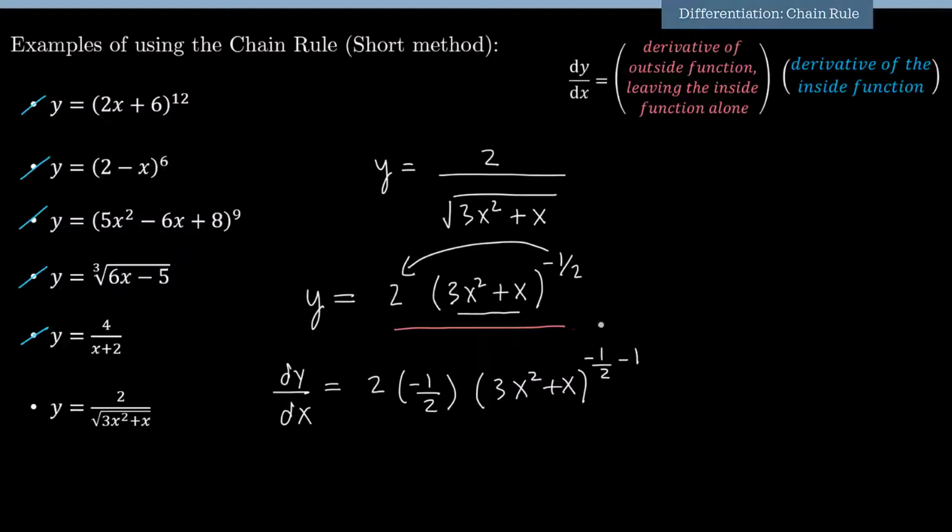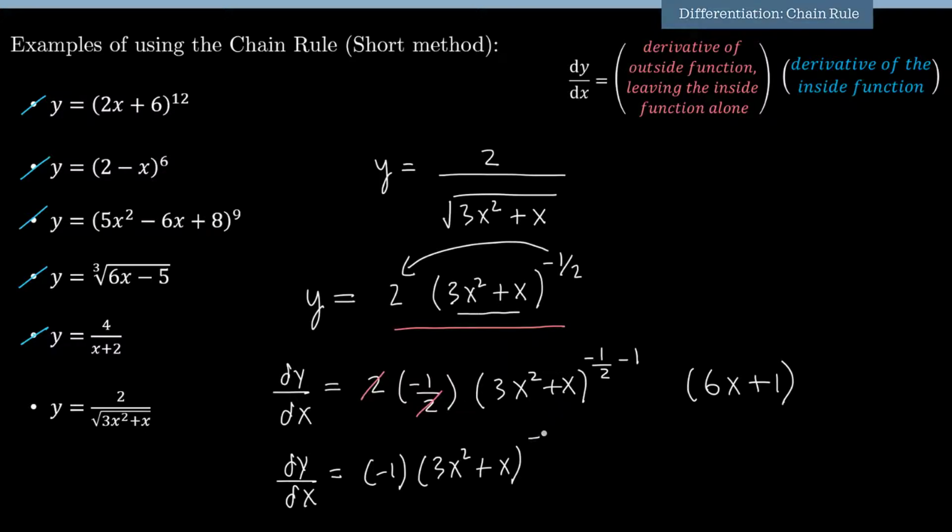The derivative of the inside function is going to be 6x plus 1. 2 divided by 2 is 1. So dy/dx is equal to negative 1 times (3x squared plus x) raised to the power of minus 1/2 minus 1, which is minus 3/2, times (6x plus 1).